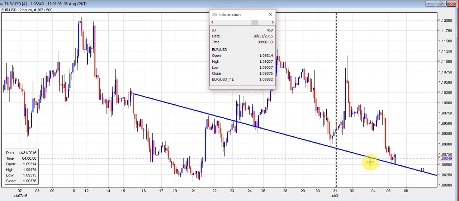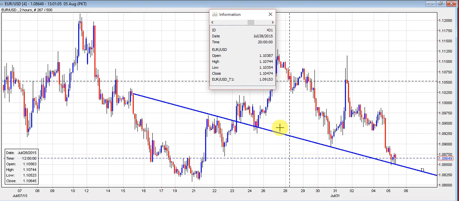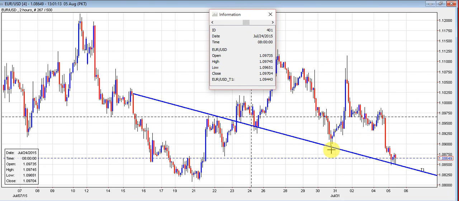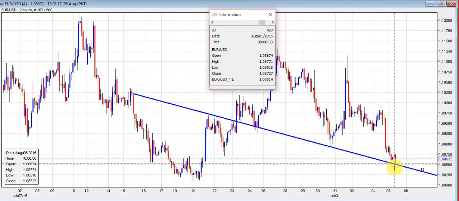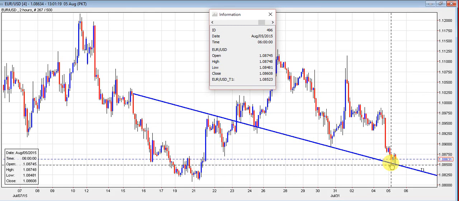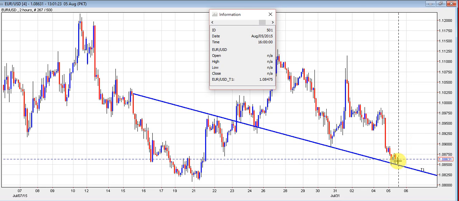See, the only way you can trade this is if you end up getting strong bounces. When you're looking at support which is declining or resistance which is inclining, then what really helps is that once it starts testing, starts holding, it needs to give you a strong bounce, because if not, it can go maybe 20-30 pips higher, and it can again come back and hit a new low.